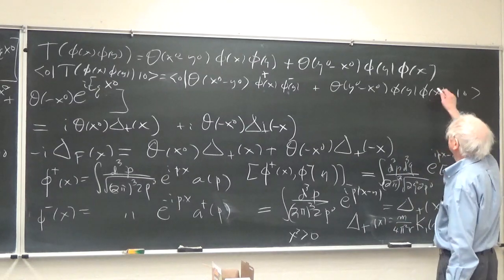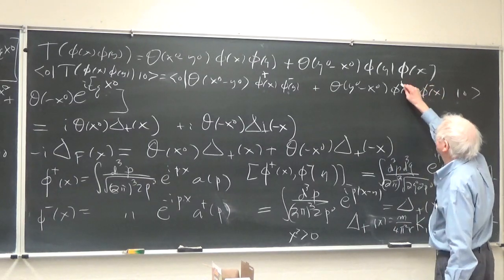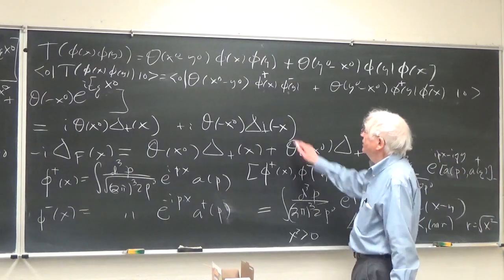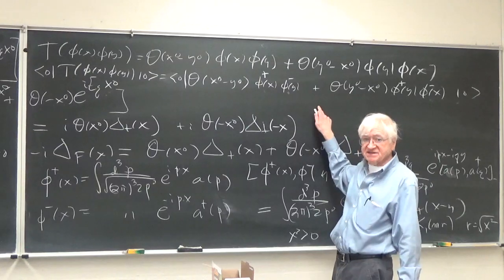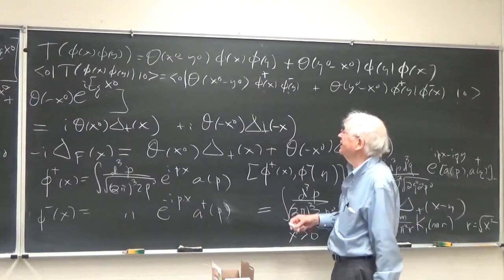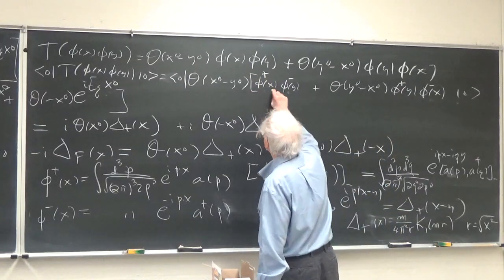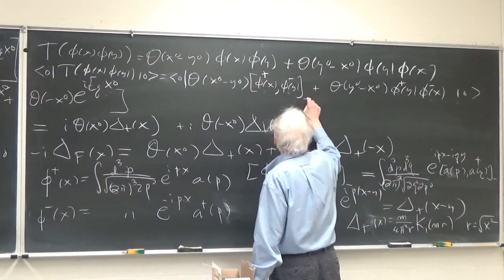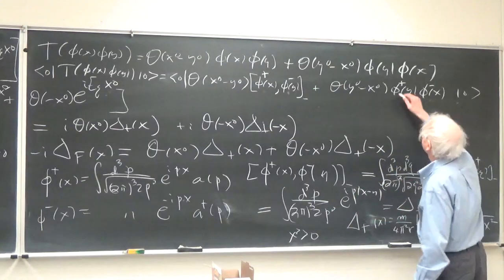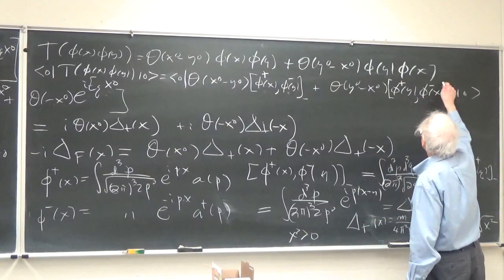Over here, similarly, we get a minus and a plus. Okay. Next, we know that phi plus annihilates the vacuum on the right and phi minus annihilates the vacuum on the left, so we can turn this thing into a commutator at no cost because the opposite order vanishes. We can do the same thing here.